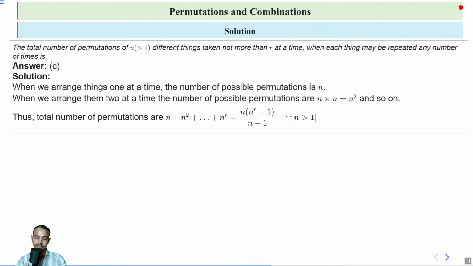Then we just use the very basic concept of geometric progression, GP, the sum of a geometric progression, and we get the answer n times n to the power r minus 1 divided by n minus 1, since n is greater than 1. Here the correct answer is option C. So now moving to the next.